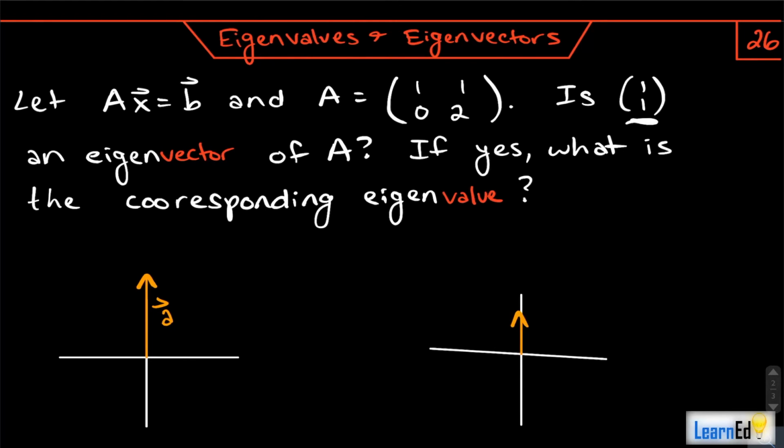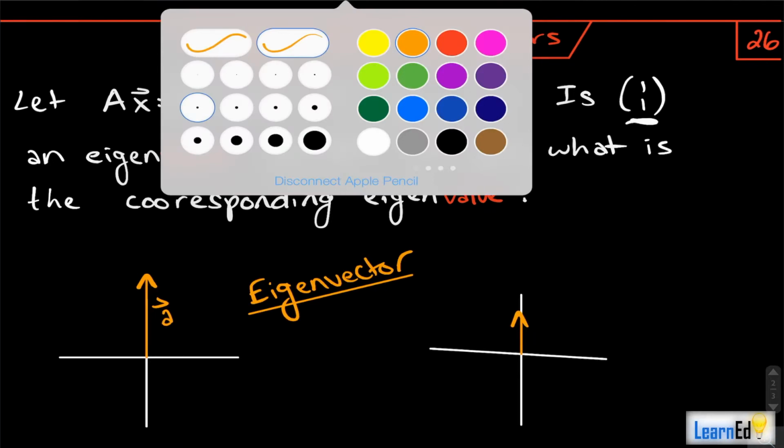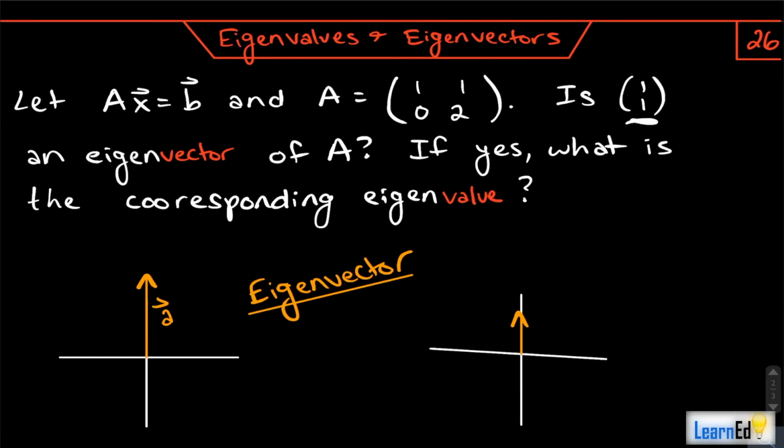So a vector that does this is called an eigenvector. The amount that this vector is scaled by, whatever the factor is from here to here, is called the eigenvalue.